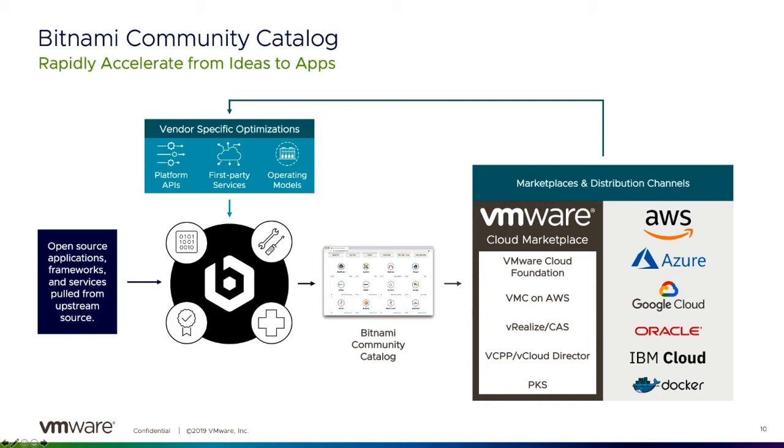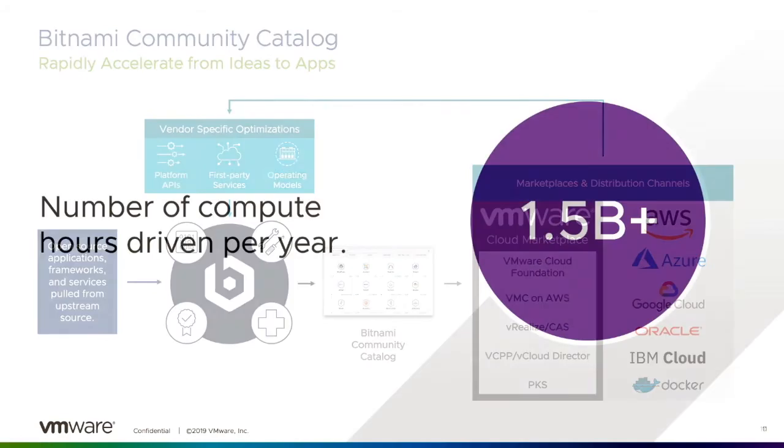And so once they're available in the catalog, they are available for deploying through the VMware Cloud Marketplace on any of the VMware tools, as well as available in the community catalog for deployment on other infrastructure as well. So the Bitnami community catalog is one option for workloads and applications that is under the hood of App Launchpad.